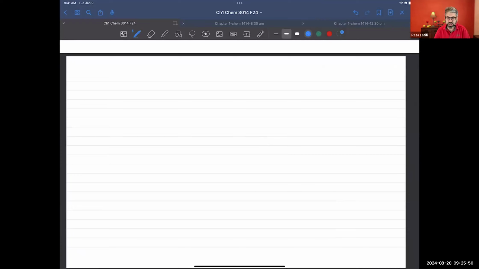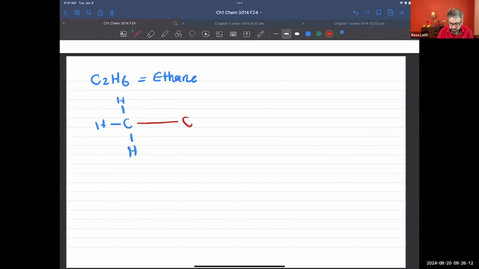Okay, and so I'm going to draw geometry of a couple of molecules and see what we are dealing with. Okay, so the first example, let's say we have C2H6, and this is ethane molecule. Okay, and each carbon is attached to 3 hydrogen atoms, and also attached to another carbon, and that carbon, it has 3 hydrogen atoms as well.